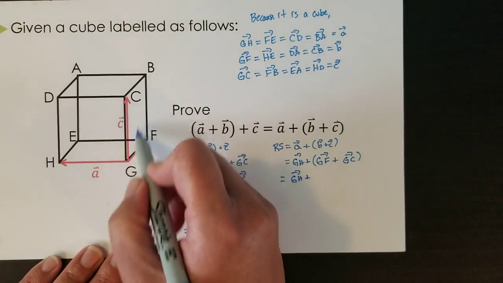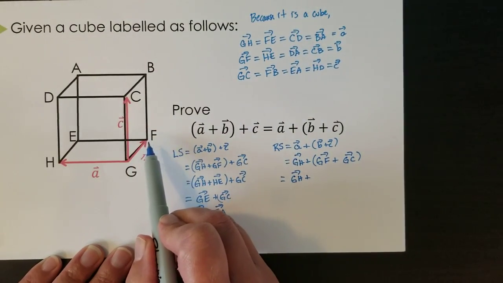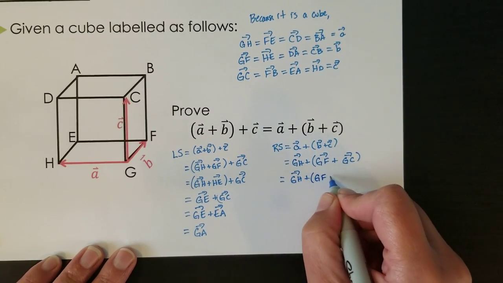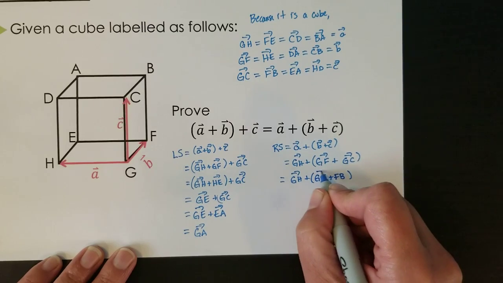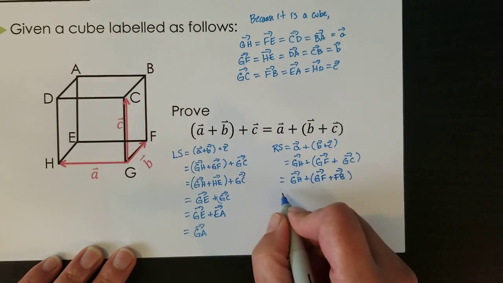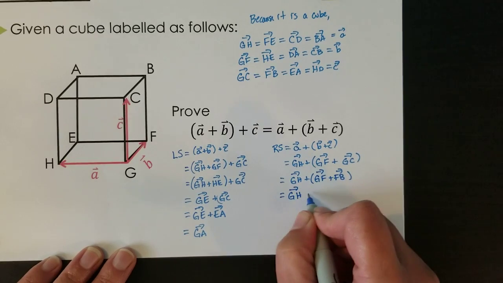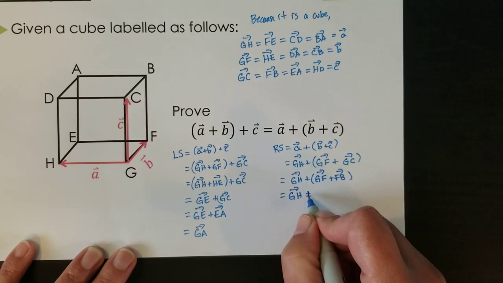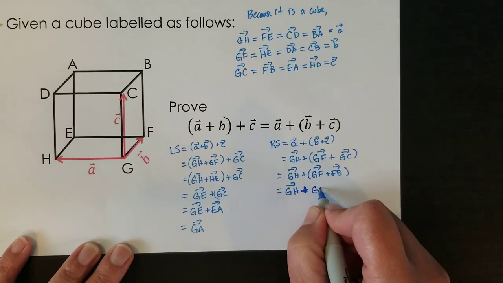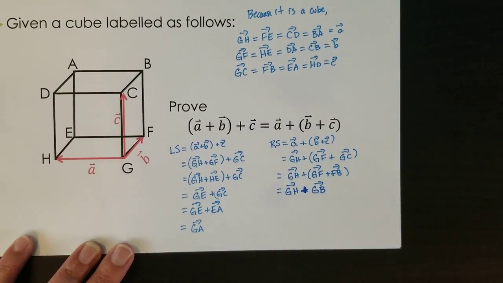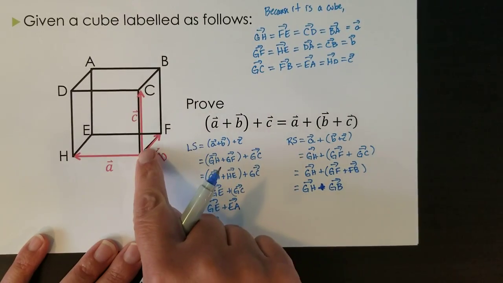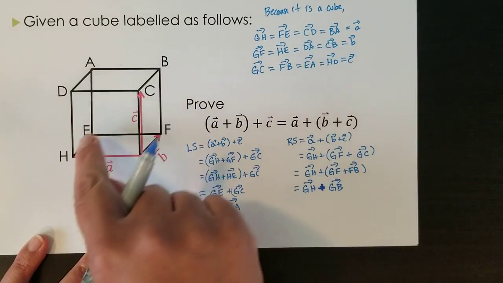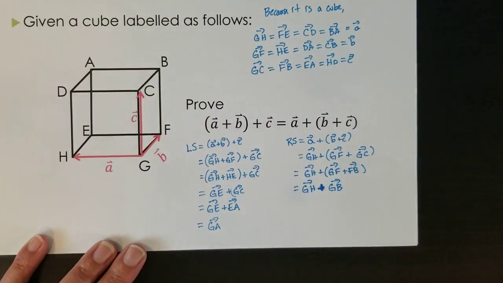These are not tail to tail, but if I substitute FB as equal to GC, and don't forget my vector signs, then I can add those tail to tail. That's G to F and F to B goes, whoops, plus GB. Now G to H plus G to B. What's an equivalent one going G to B? That would be H to A.